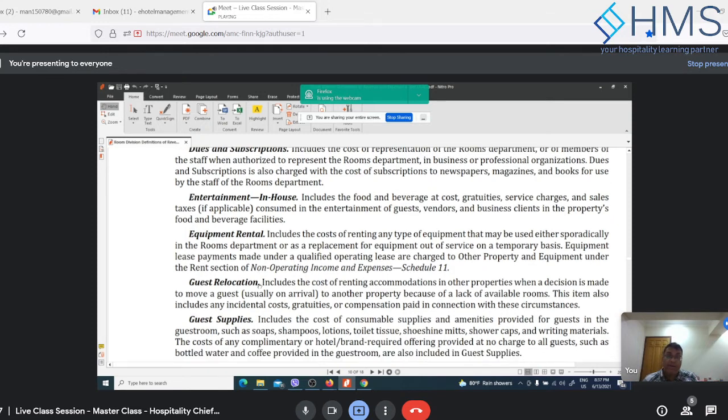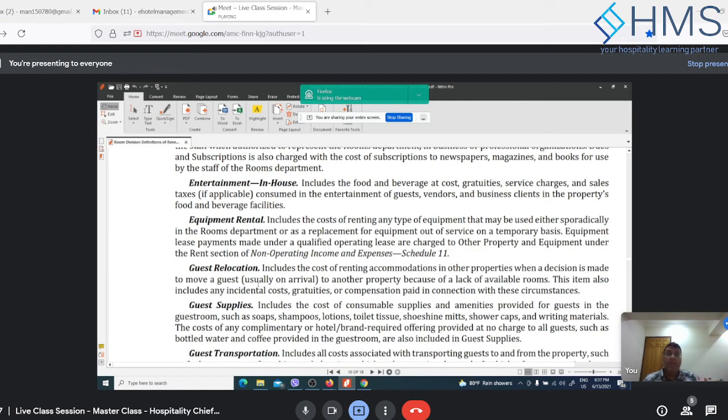Then you have equipment rental, if you are borrowing equipment. Here, you sometimes have the confusion that equipment on a long-term lease would go as a part of the other property and equipment rental, because usually it's a part of the owner's cost, especially where you have a property which is operated by non-owners, like Marriott or Ritz-Carlton or any other brand.